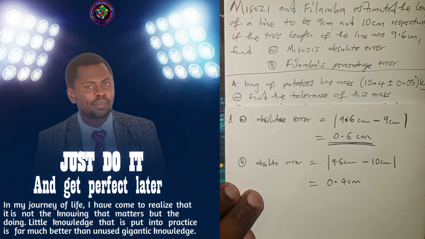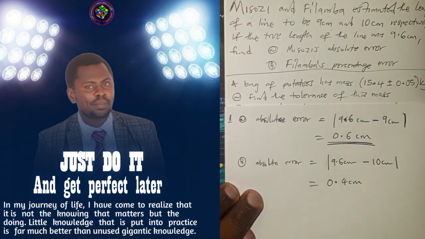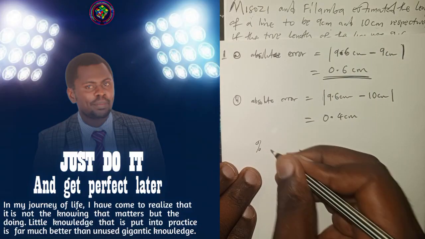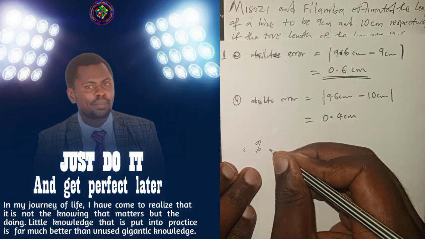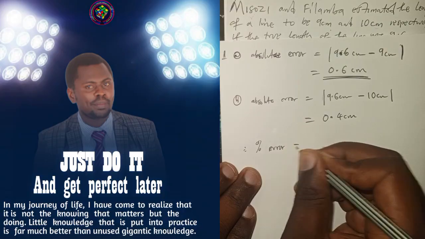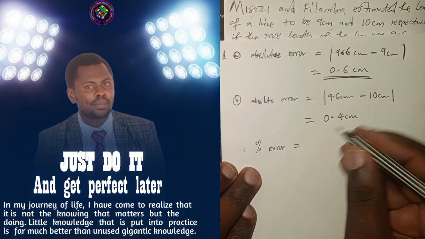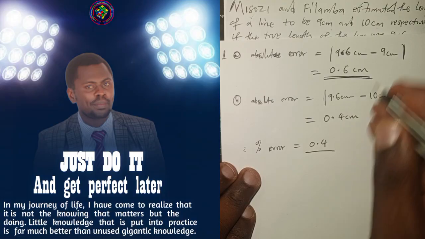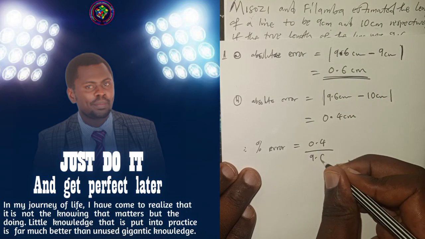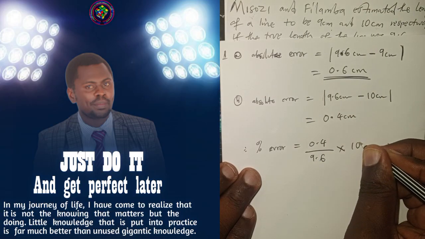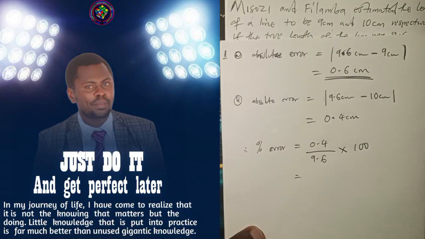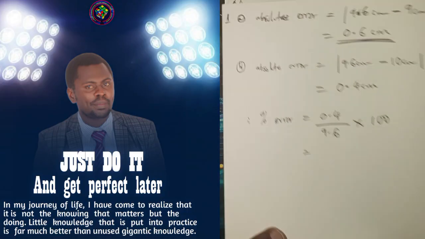Now we are solving for percentage error. Percentage error is equal to absolute error, which is 0.4, over the true value, which is 9.6, times 100. Here we can simplify the fraction.